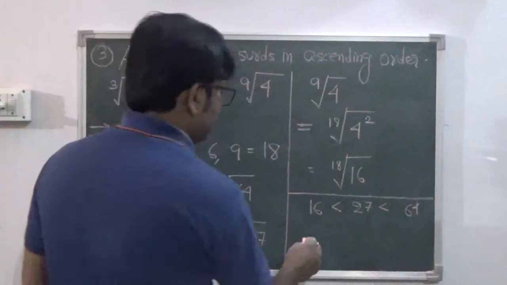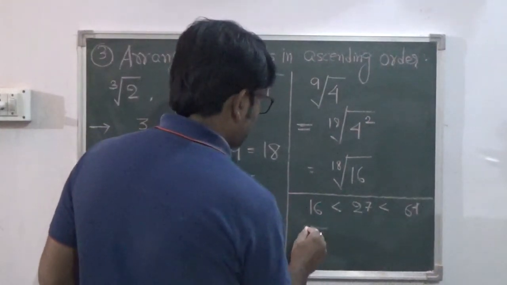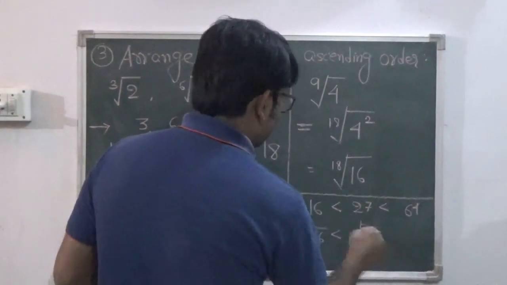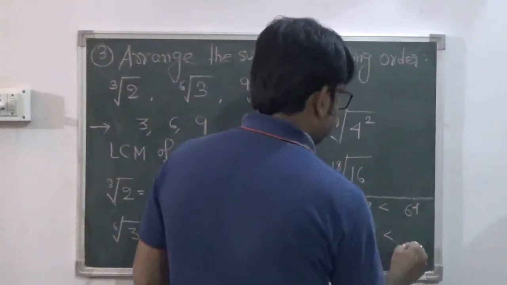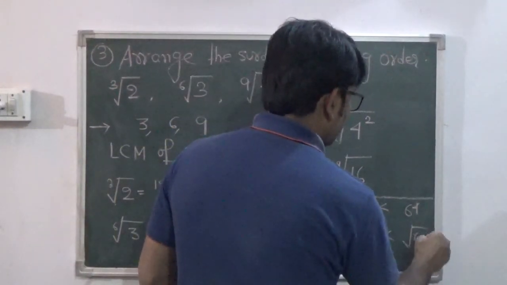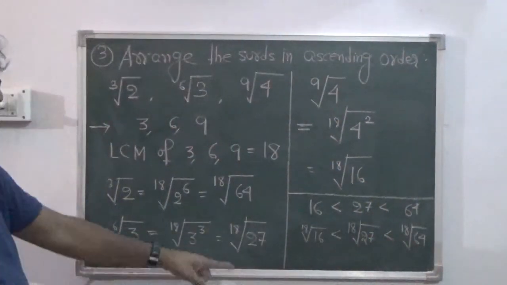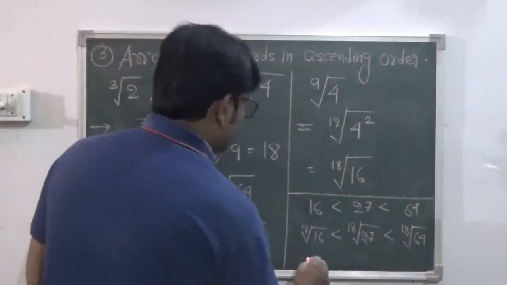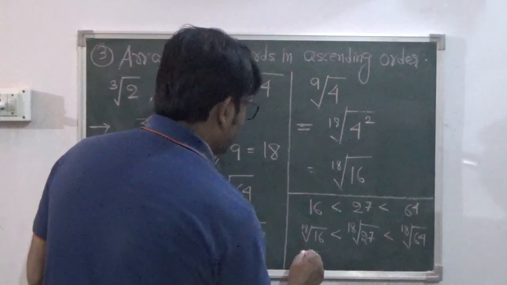So 16 under 18th root is less than 27 under 18th root, which is less than 64 under 18th root. What is 16 to the 18th root? It is the 9th root of 4, the smallest one.